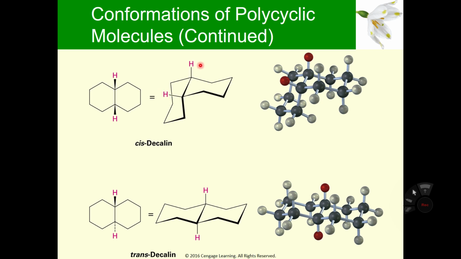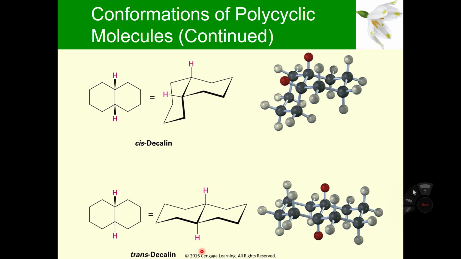Because this is axial position, this should be equatorial position, and this is an equatorial position. So this carbon bond should be axial position, perpendicular to the equatorial plane. So the structure should be drawn like this, all right?